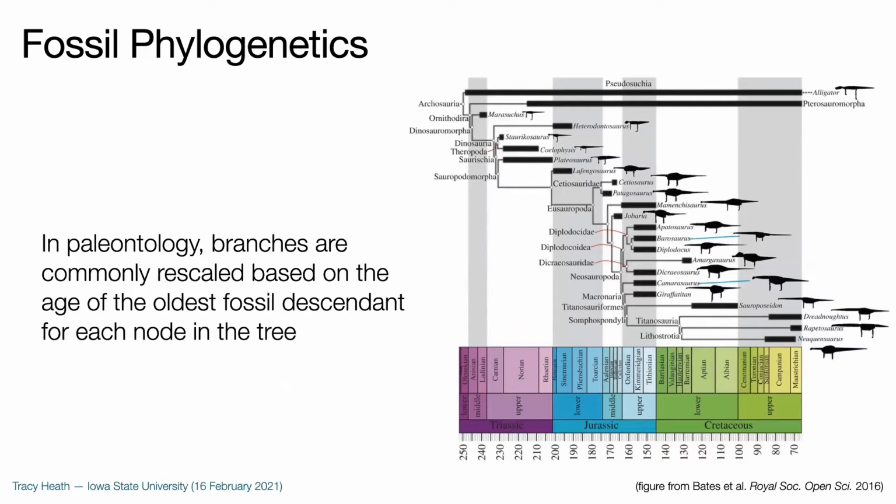Classically, these methods will take the fossil record and those phylogenetic relationships and rescale the branches such that they are based on the age of the oldest descendant of a given node.